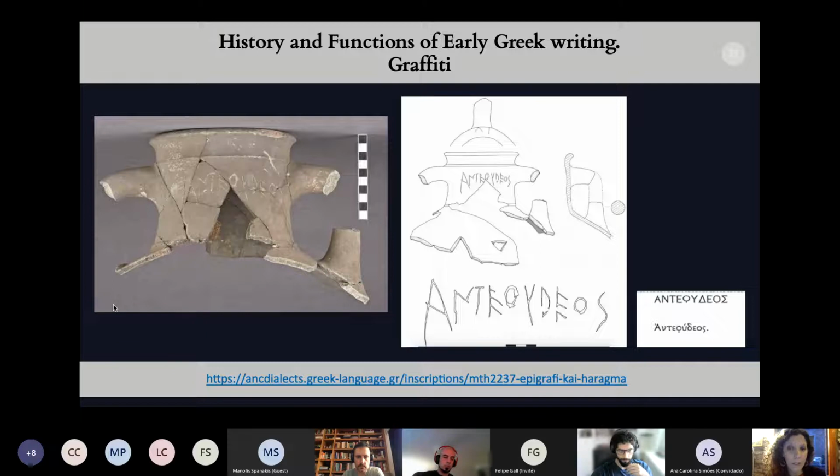So the normal description, I would say, if you do an overview of the first stages of writing, is the ownership formula, or some joke or longer description with some joke inside, and the ownership formula, and again a lot of marks and letters on different spots of the vessel, so on the neck or on the shoulder, or when we have cups or skyphoi, it's on the underside of the cup.